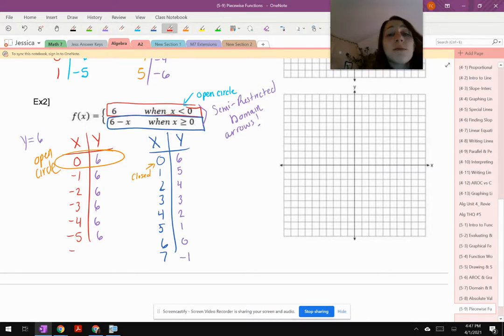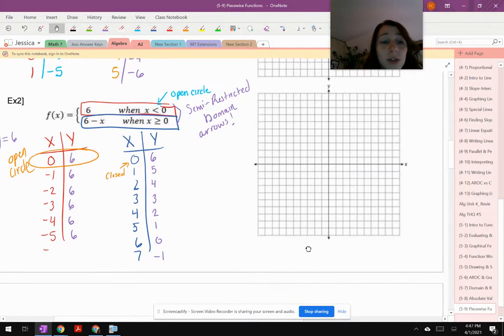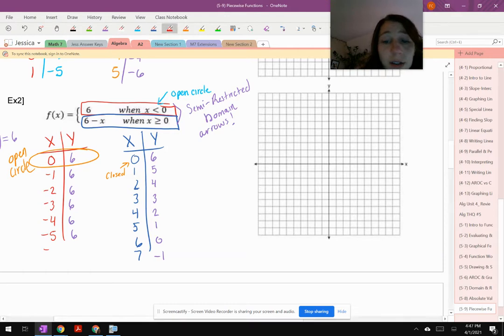All right, let's plot some points. We have an open circle at 0 with a y value of 6. Then 1, 2, 3, 4, 5, 6. So we have an open circle there. Then -1, -2, -3. As you can see, we're getting our straight line, which we can continue with the arrow.